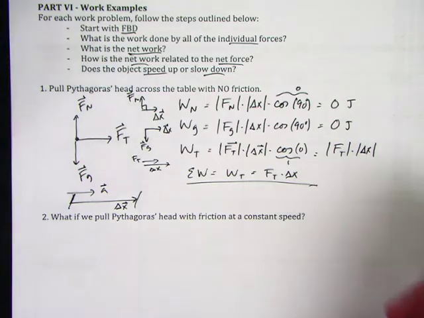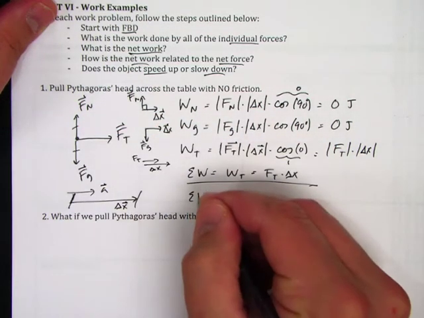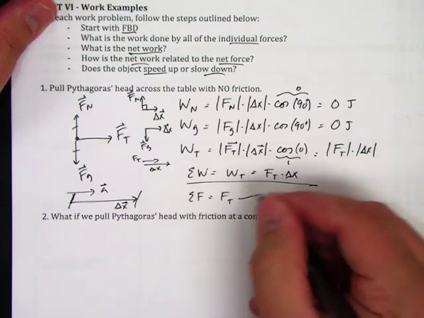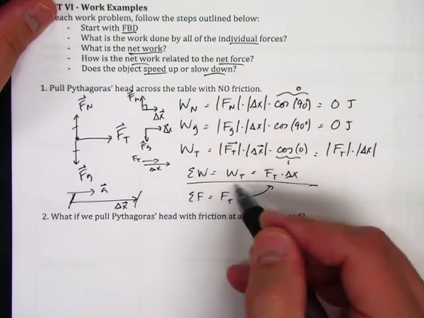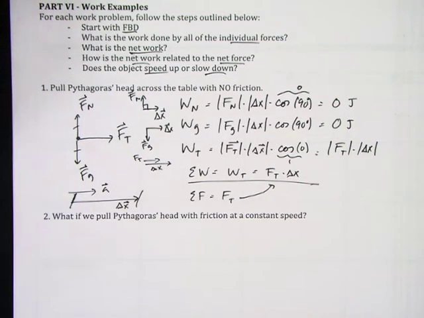Now, how does this relate to the net force? Well, if I were to sum the forces here, the net force is just the force of tension. And so this is the same as net work being equal to the net force times delta x, since Ft is the net force in this scenario. Now, will this speed up or slow down?